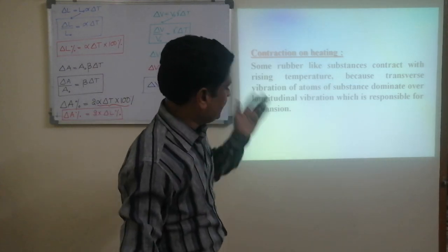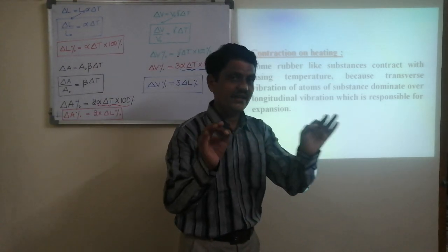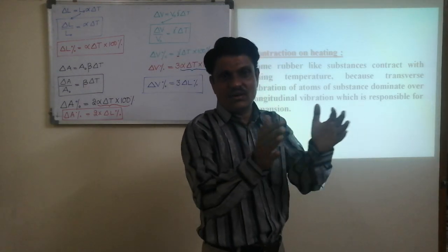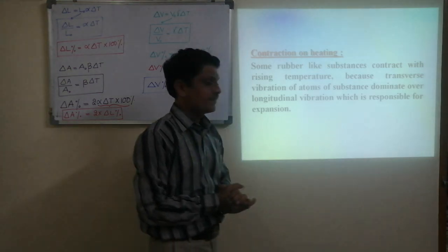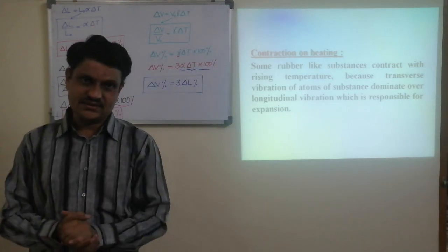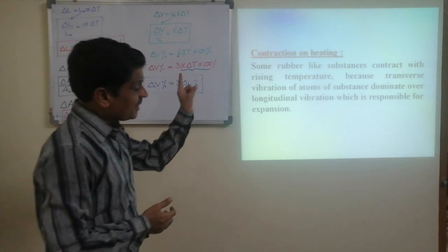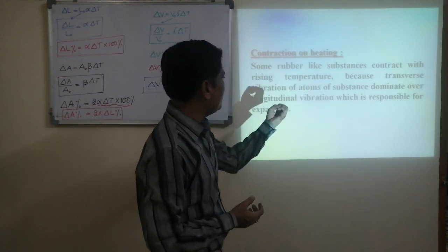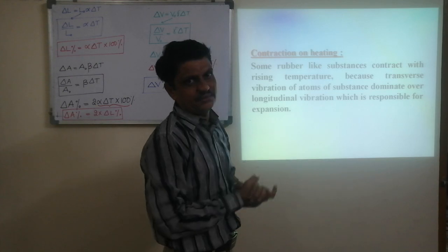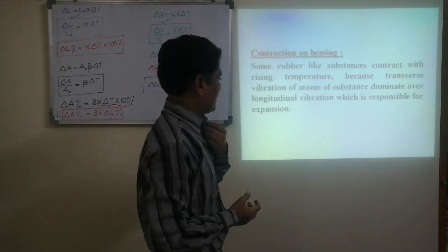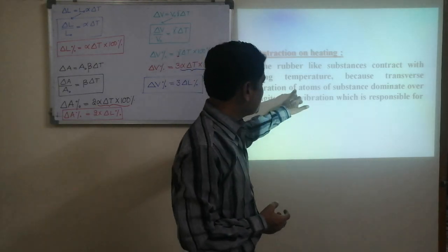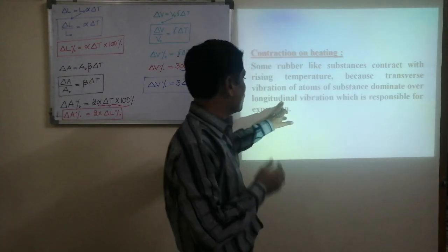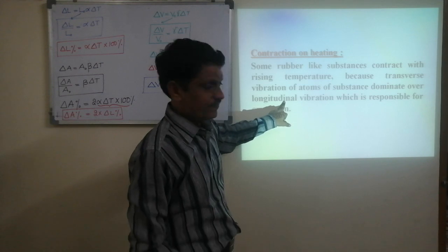So far, what I said is that whenever we heat a body, because of vibration of the atoms or molecules, the size of the body increases. But there are some materials like rubber which contract whenever we heat them. Why do they contract? Because transverse vibration of atoms of the substance dominates over longitudinal vibration.